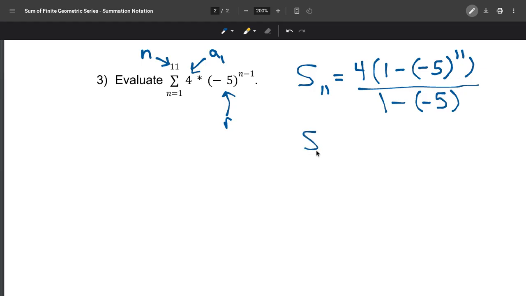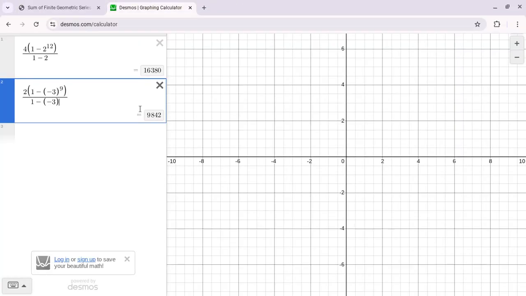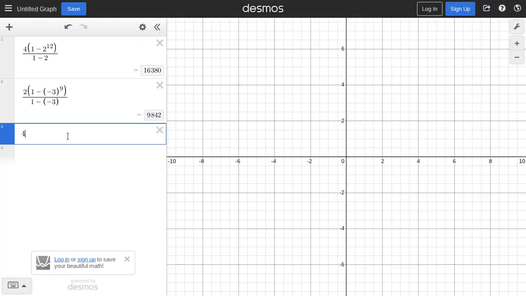And so we keep working. We get the sum of the 11 terms. Let's put this into Desmos. So we've got 4 times 1 minus -5 raised to the 11th power divided by 1 minus negative 5.